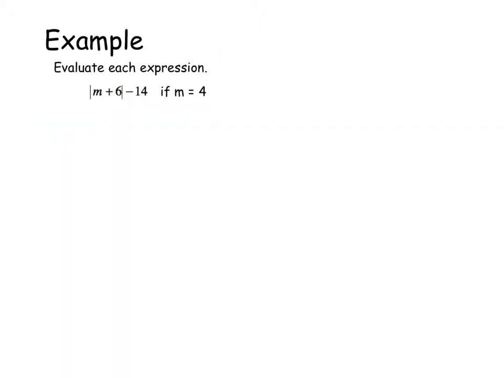Alright, first example, I do. That means I want you to write down whatever I'm doing onto your paper. So this example says to evaluate each expression. What does that word evaluate mean? It means to find the value, right? So it says absolute value of m plus 6 minus 14.